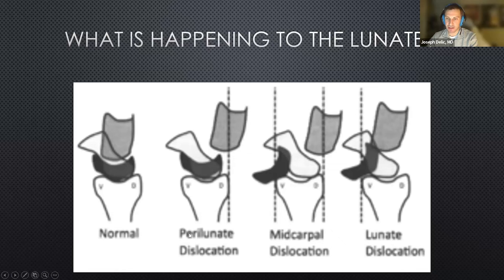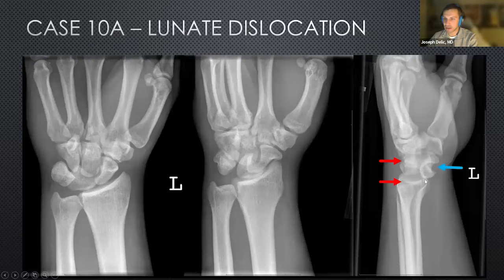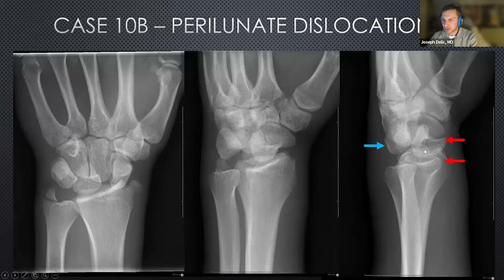This is a perilunate dislocation. And if your lunate is out and your capitate is out, that is a mid-carpal dislocation. So back in 10A, radius and capitate are in line, but the lunate is dislocated, that is a lunate dislocation. And B, the radius and the lunate are in line, but the capitate is out, and that is a perilunate dislocation. So remember, what is happening to the lunate?